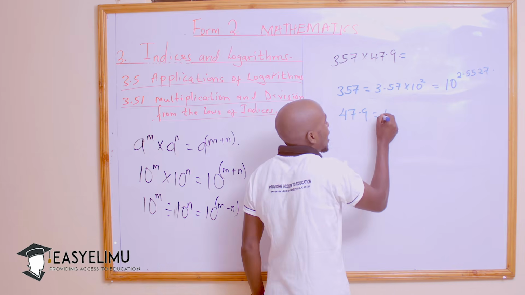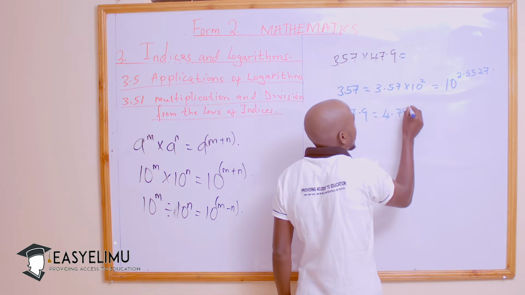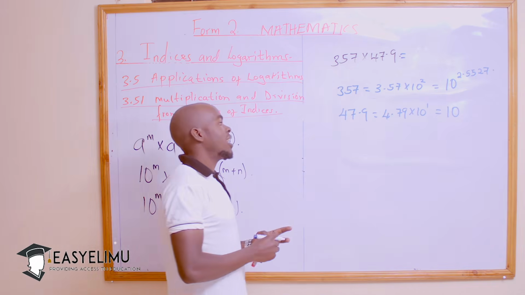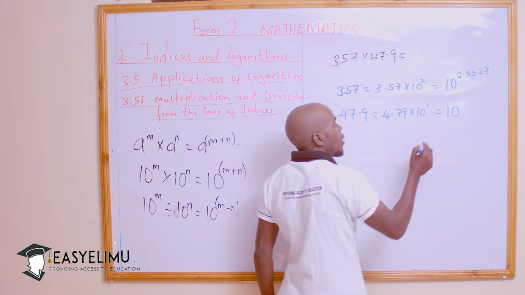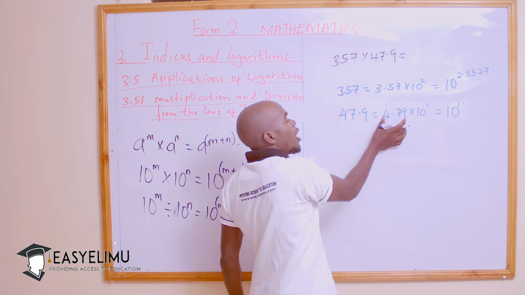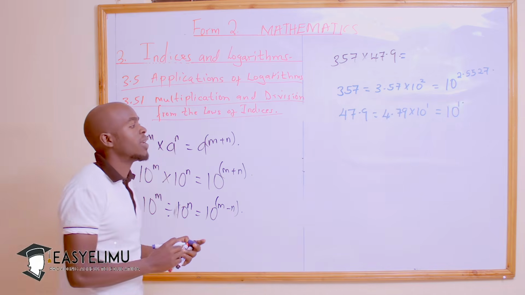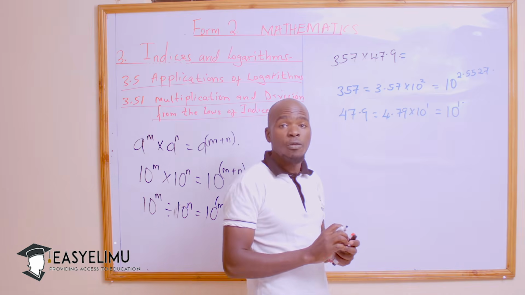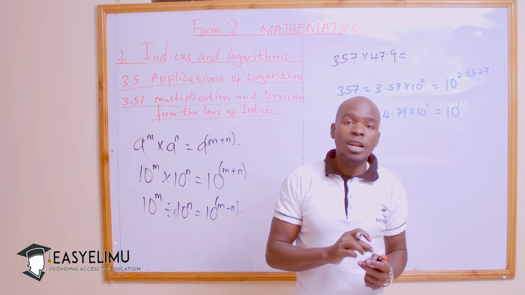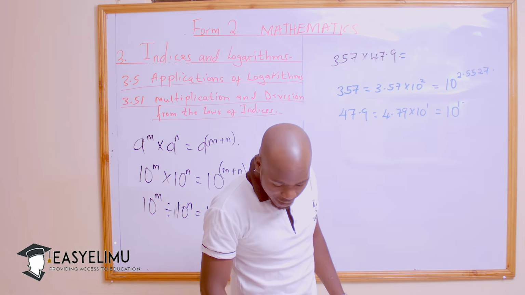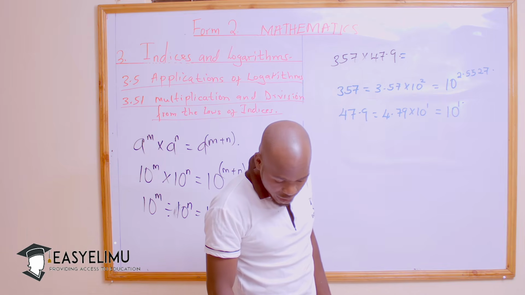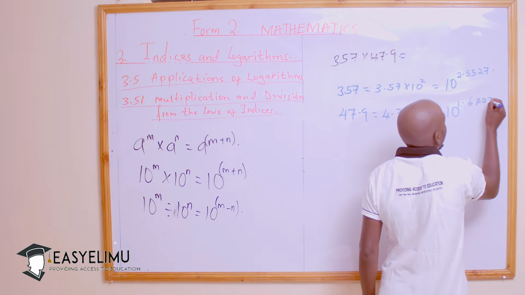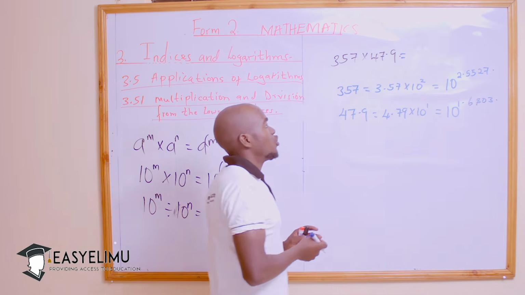This we can rewrite as 4.79 times 10 raised to power 1. In index form, we write 1 point, and now we find the logarithm of 4.79. With the help of the four-figure elementary mathematical table, you will find it is 0.6803. So that is what we are going to have.